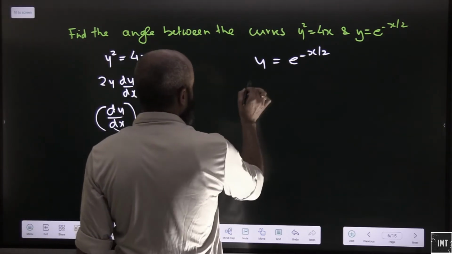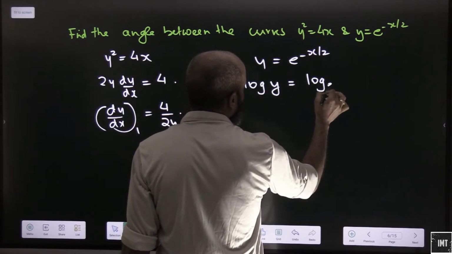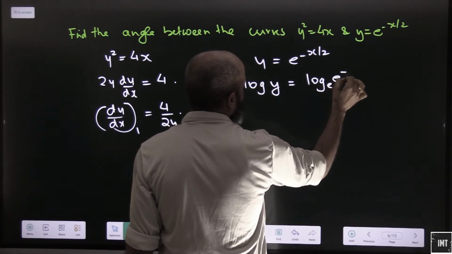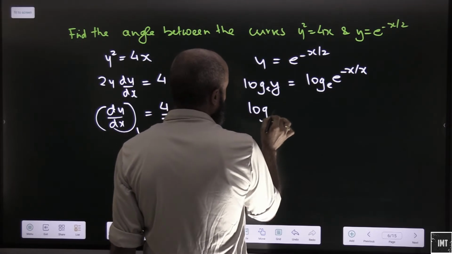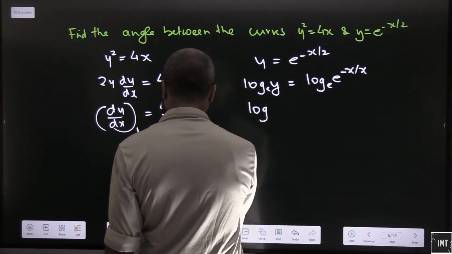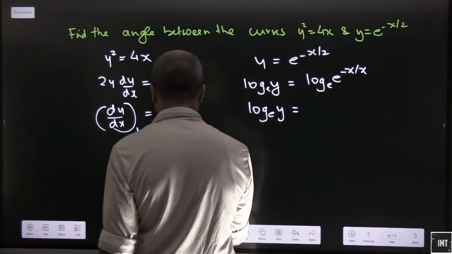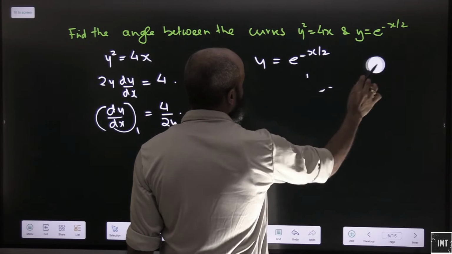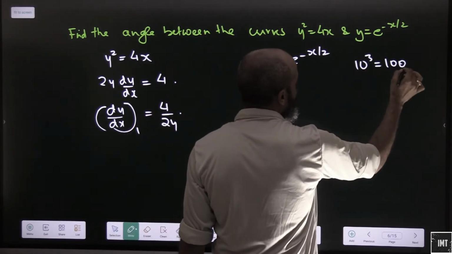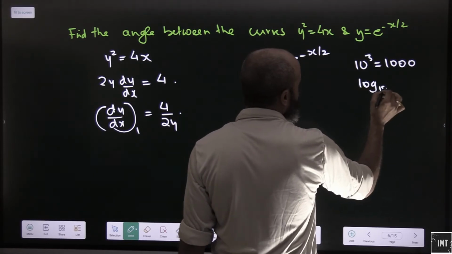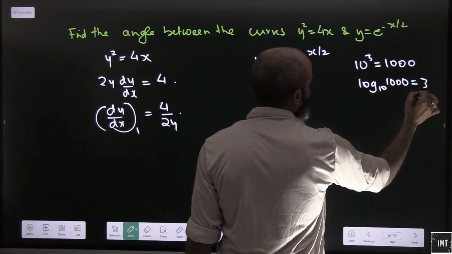Or we can say here that log of y will be equal to log of e to the power minus x by 2. So that will be log base e of y. We know that 10 cube is 1000, and this is written as log base 10 of 1000 is equal to 3.